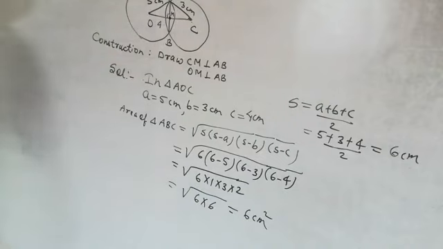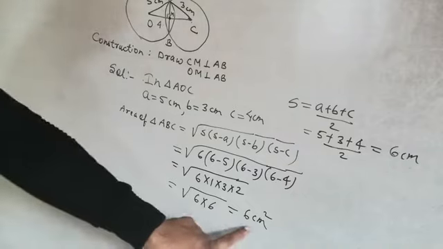Now after finding the area of the triangle, we will find the value of AM. The area is 6.